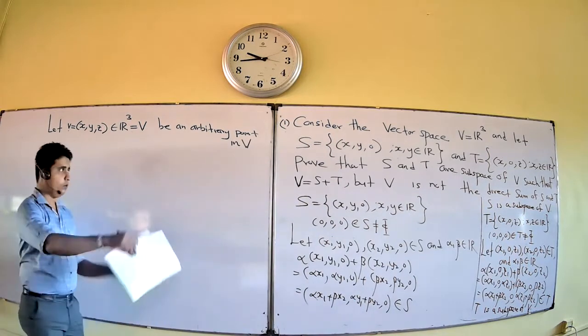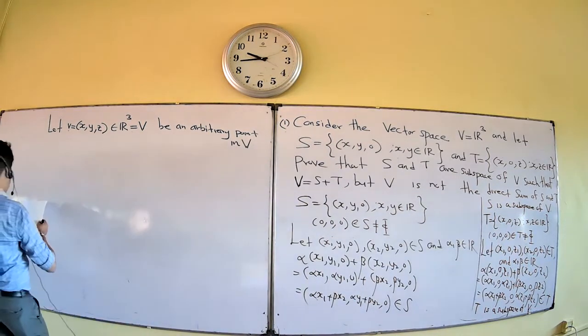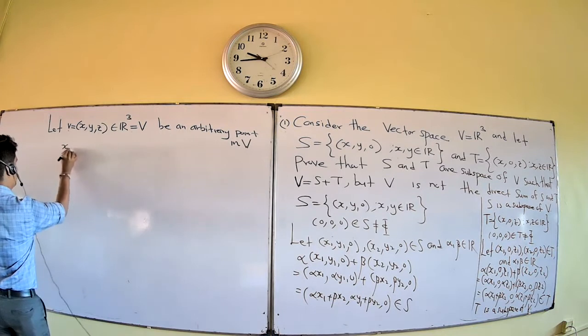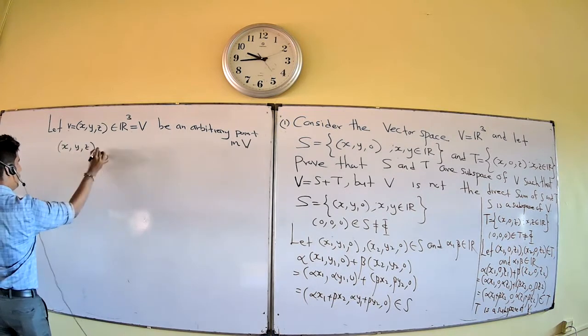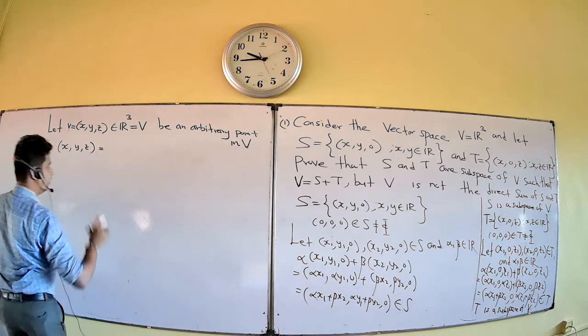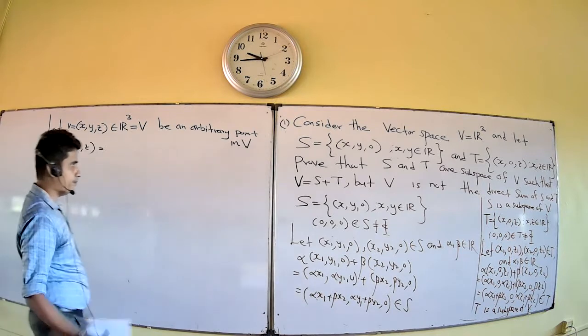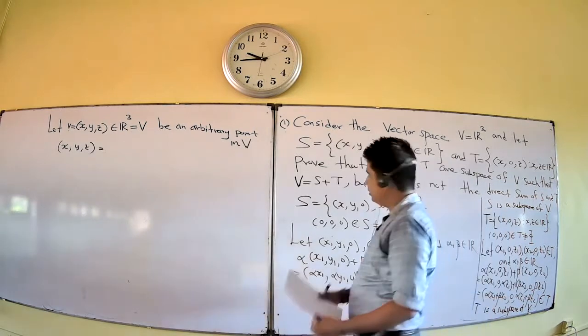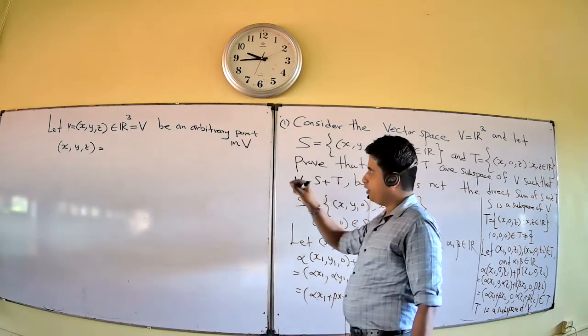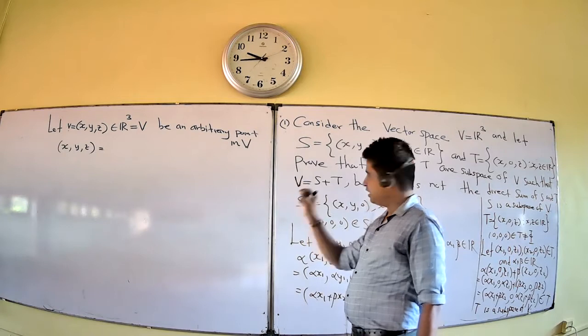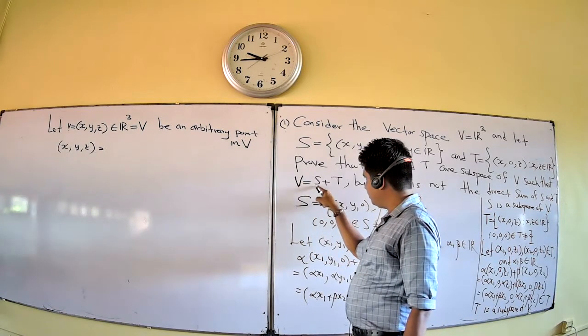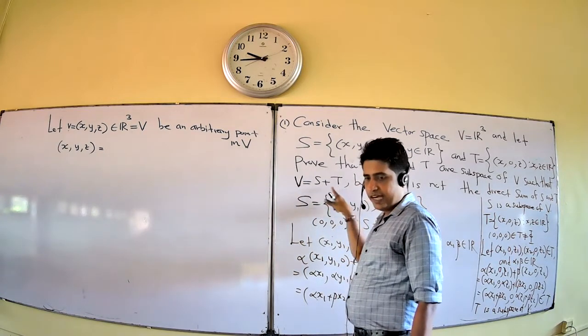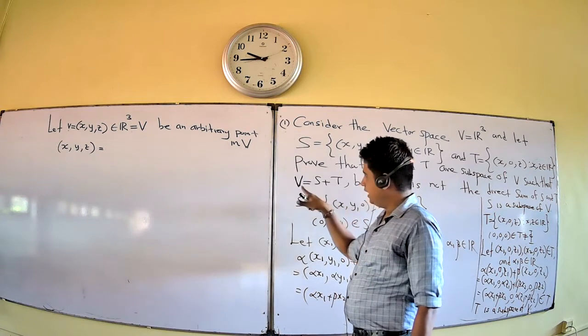This idea is very important. You can write (x, y, z) as a sum. Suppose you take one of the elements from this set B, of the form (x, y, z). You can take one element from S and one element from T whose sum equals this element.